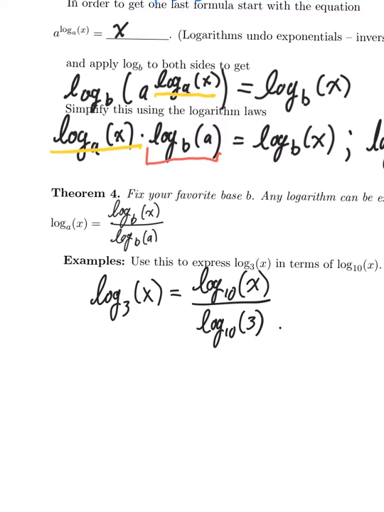And for some of you, this would be very relevant. Those of you who use handheld calculators, your handheld calculator might only work in log base 10. It secretly doesn't. It probably works in log base 10 and can also work with the natural log. The point is, if you know how to make your calculator take one logarithm, you can get your calculator to take any logarithm by using this fact.